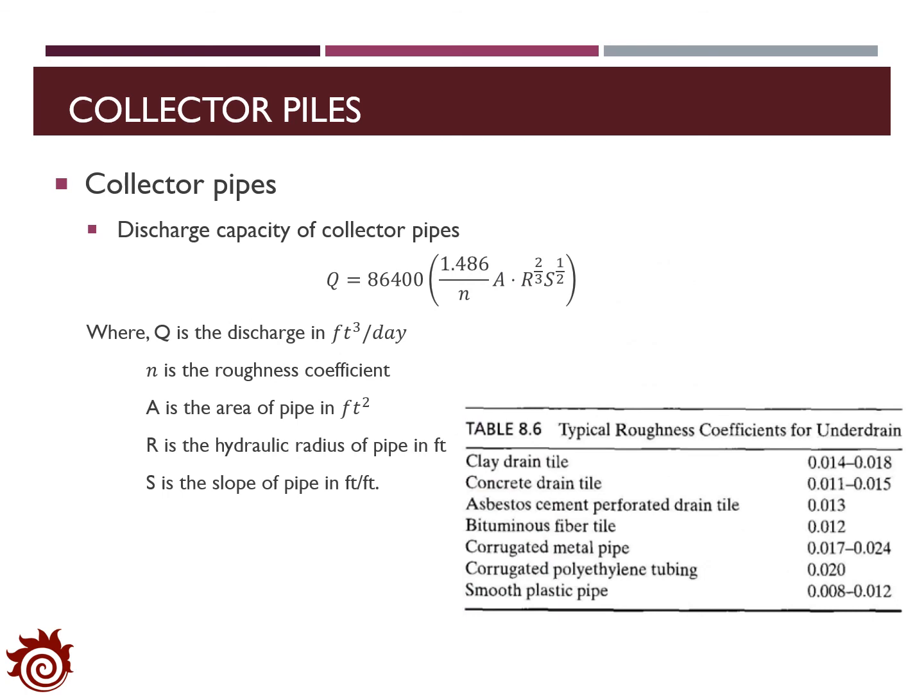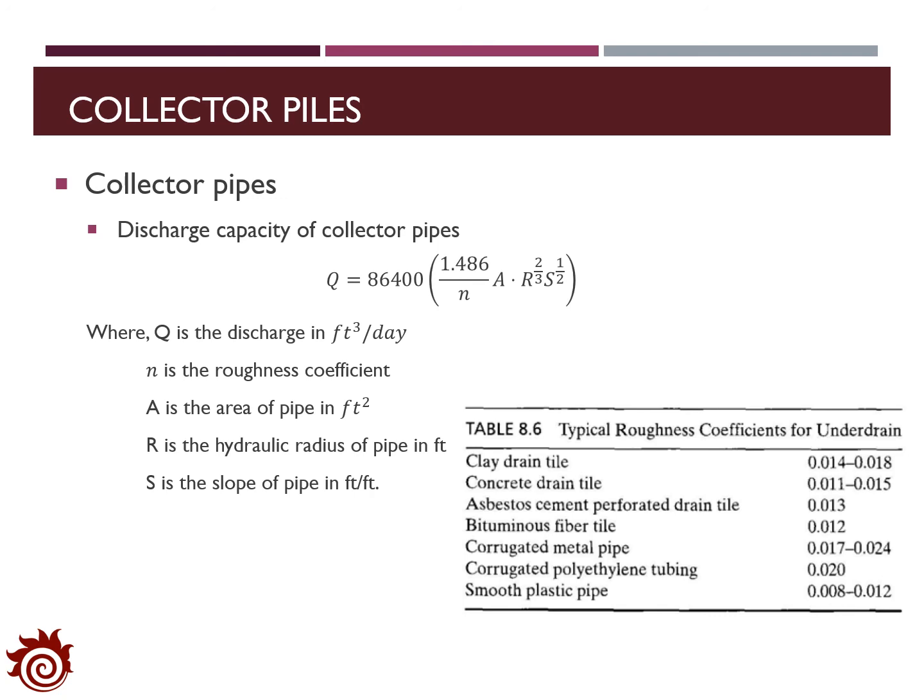The discharge capacity of the pipes can be estimated by the equation here. In this equation, Q is the discharge capacity in feet cube per day, N is the roughness coefficient. The table on the right shows the typical N values for different types of pipes. Capital A is the area of the pipe in feet square.